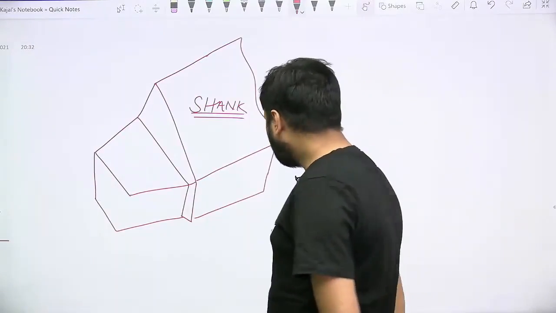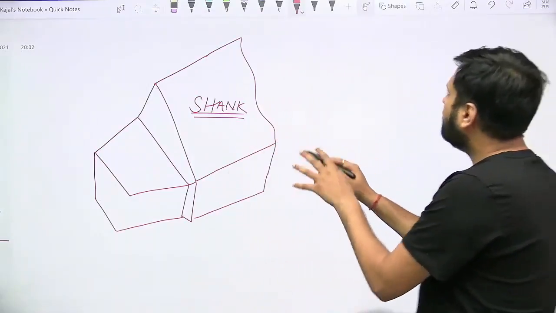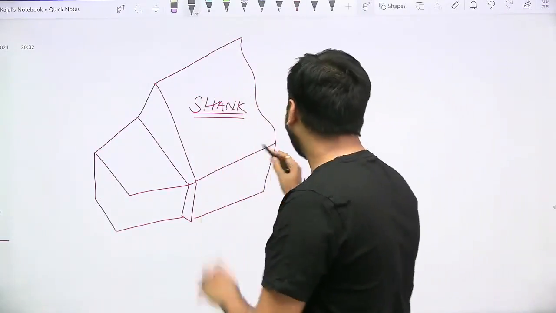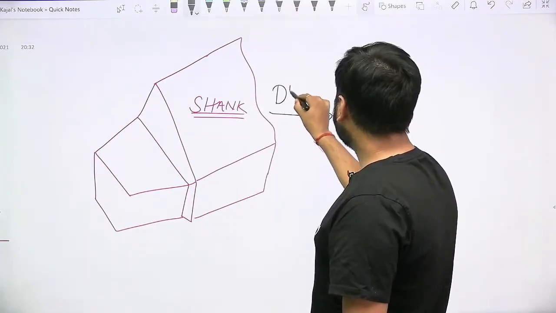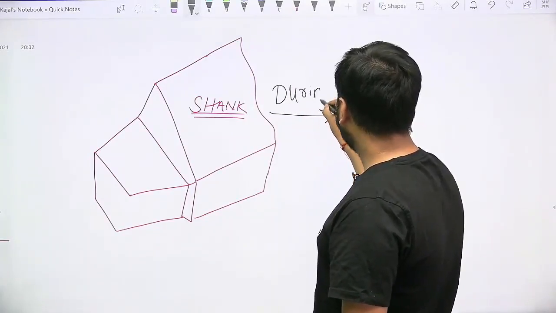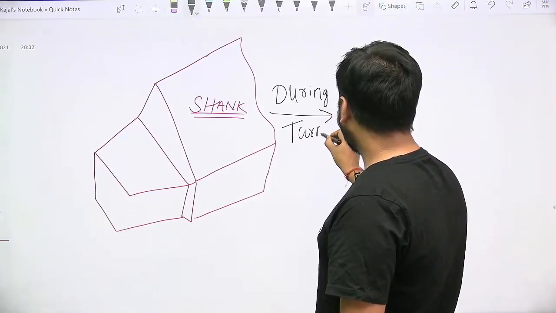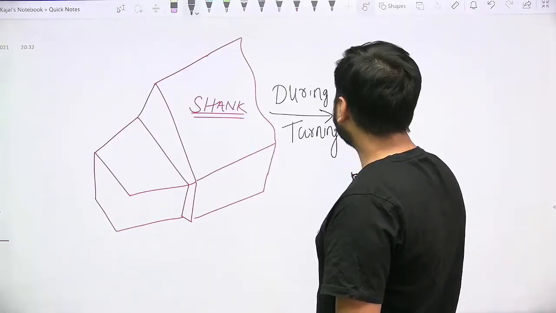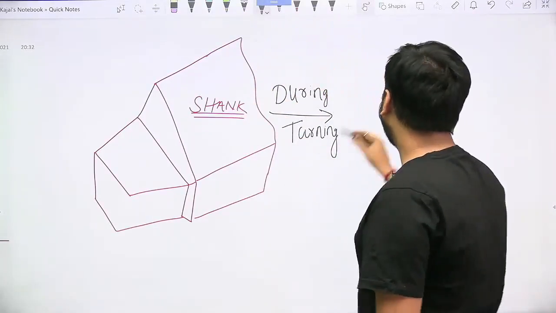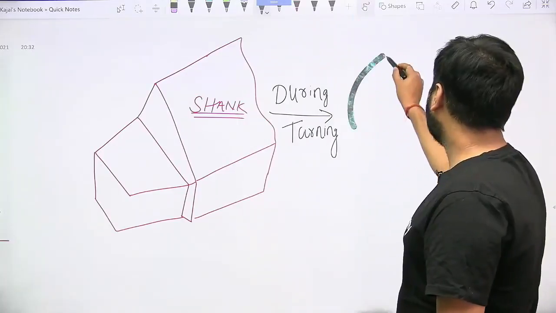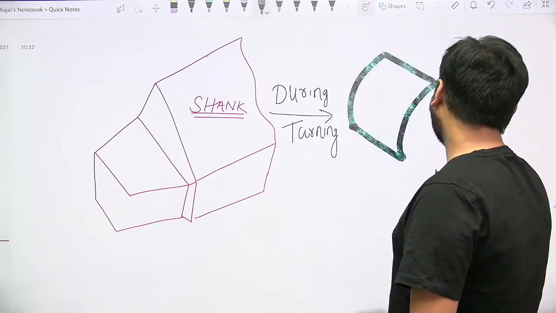Then, the same cutting tool, if you observe it during the turning operation, will appear something like this. Let us say this is your workpiece, a cylindrical workpiece that you are going to turn.